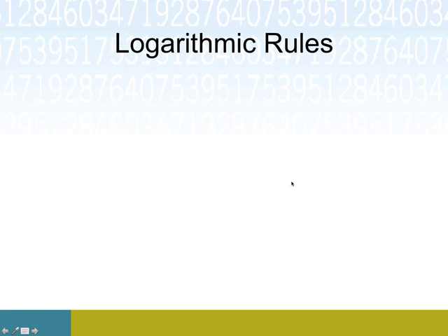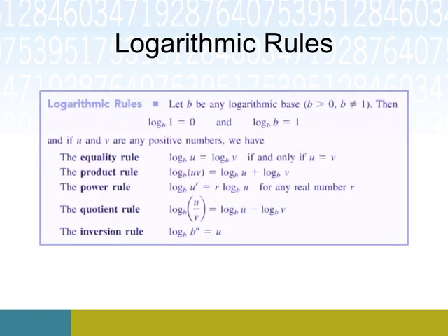So the rules that go along with this are actually pretty daunting when you first take a look at them. But when we think about logarithmic rules, every single one of these is stolen from exponential functions. Logarithms exist entirely as a way to undo exponential functions. So they end up having their own interesting characteristics and models that go along with them, but all those models are based off of the inverse of an exponential function.